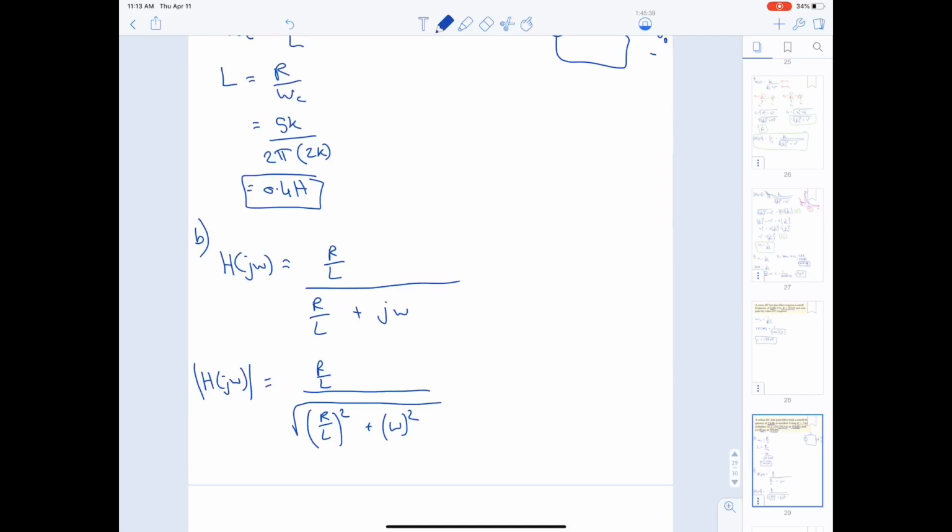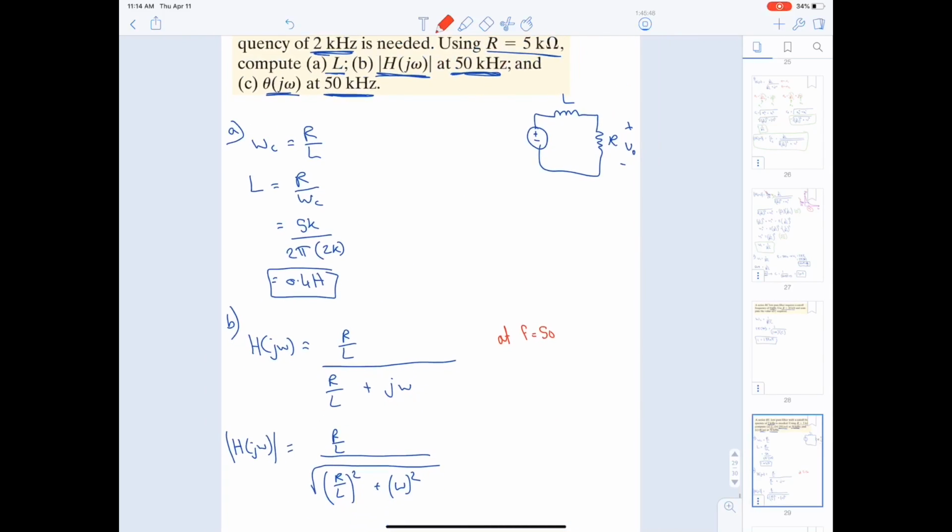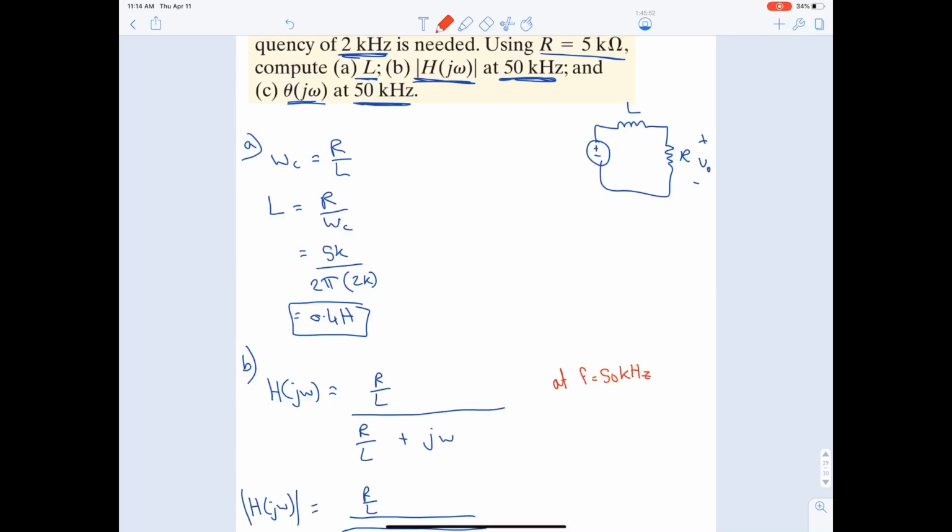Now the only thing you have to do is substitute in the value 50 kilohertz. So omega is 2 pi 50 kilo, which is equal to 100 kilo pi rad per second.